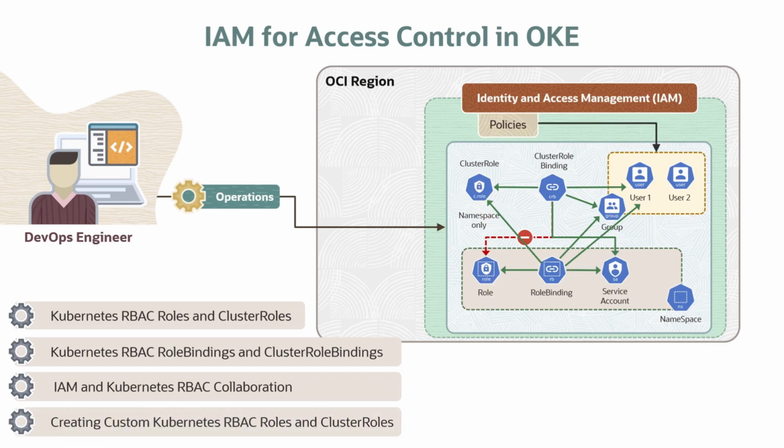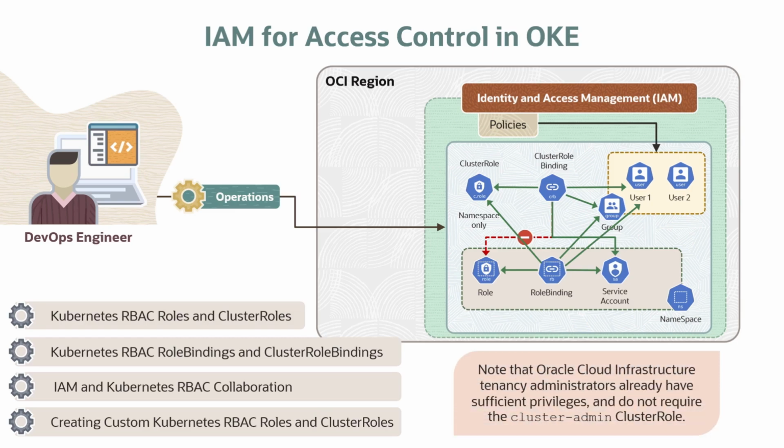It's common to define custom Kubernetes RBAC roles and cluster roles for precise control. To create these, users must have existing roles or cluster roles with equal or higher privileges. By default, users don't have any RBAC roles assigned, but there are default roles like cluster-admin for super user privileges.